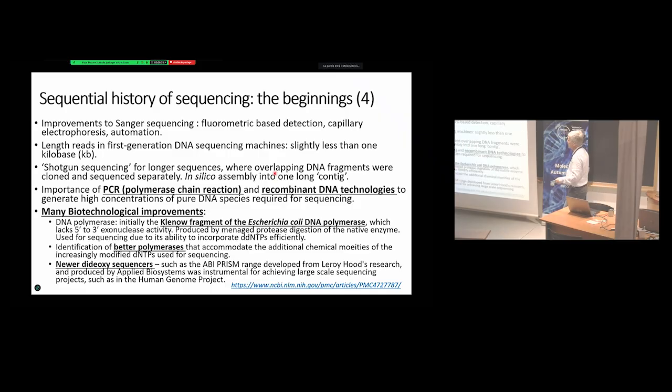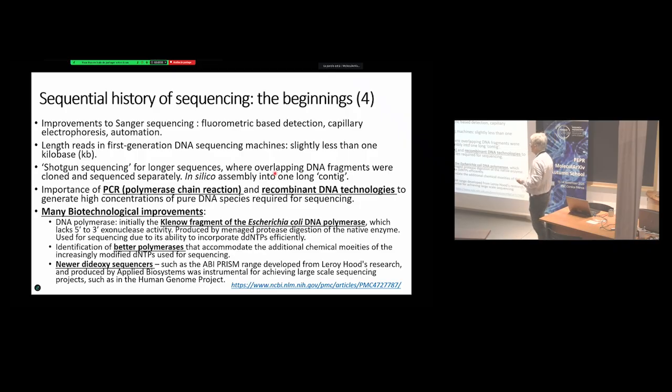And so after that, the story, we are still in the beginnings, but there were improvements after the incorporation of the fluorometric base detection, after the introduction of capillary electrophoresis instead of big gel electrophoresis, automation came out, and it was possible to generate sequencing machines that were able to read fragments of up to 1 kilobase.